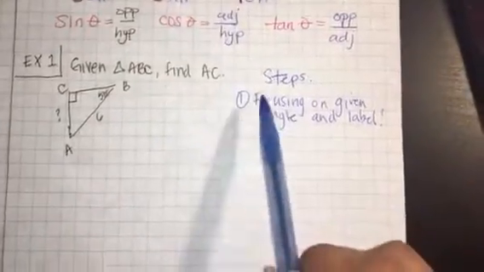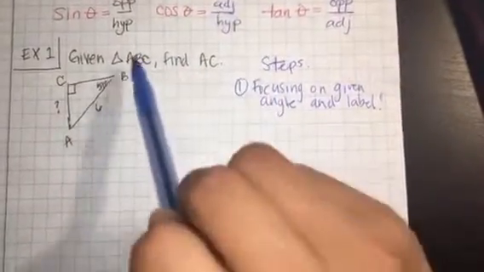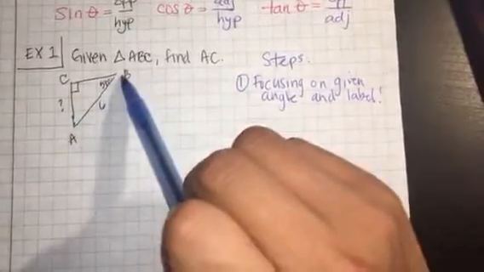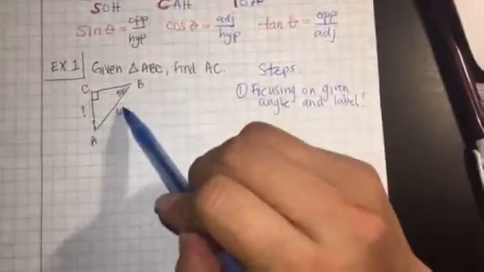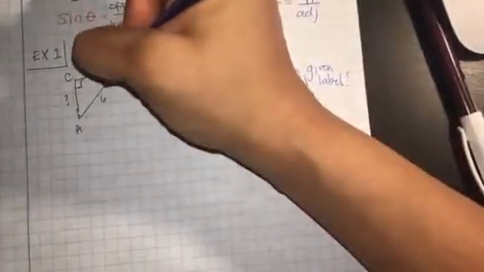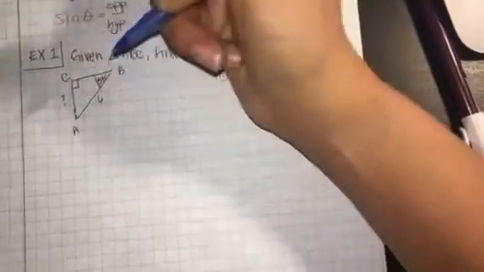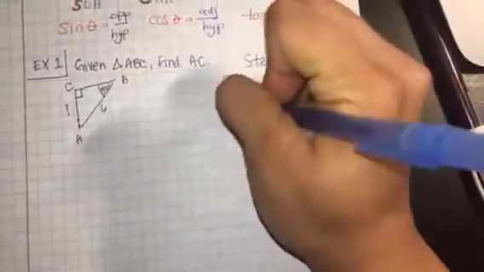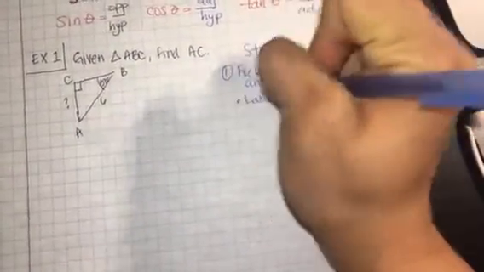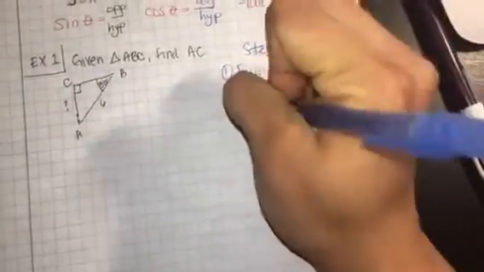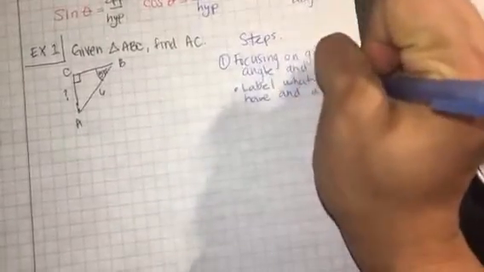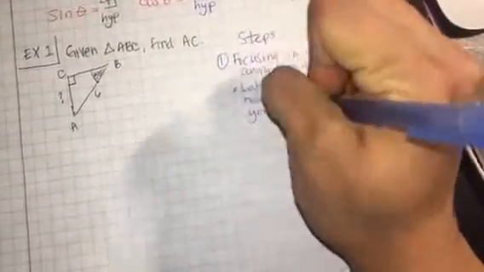Based off of what I have, I've been given an angle. Again, I want to find AC. I have this side here, which is the hypotenuse. Based off of this angle, I'm going to label what I have and what I need. So I'm just going to put this right here: label what you have and what you need.